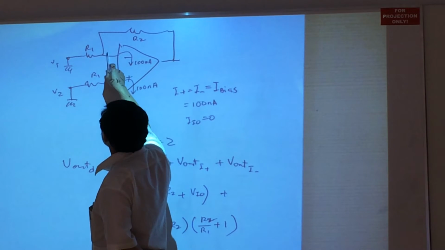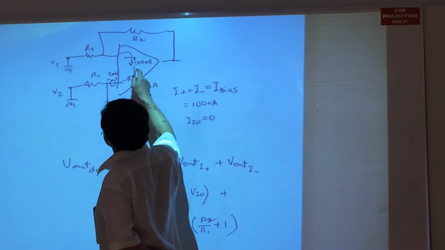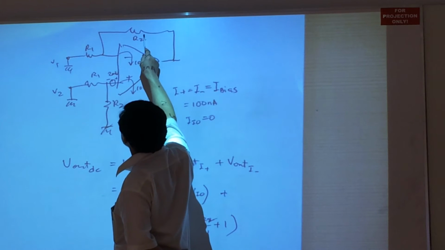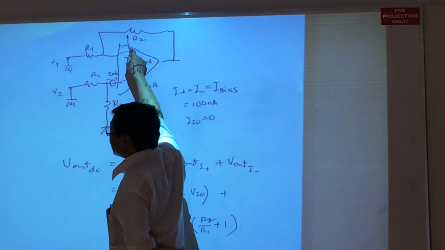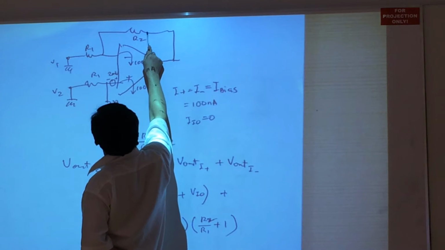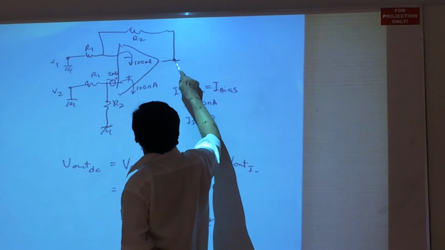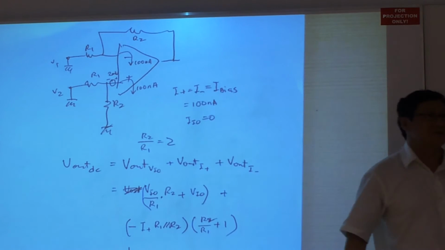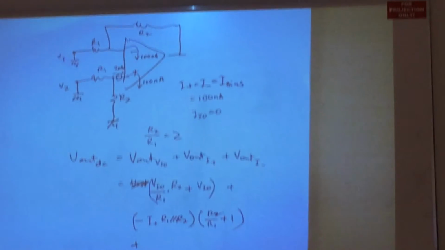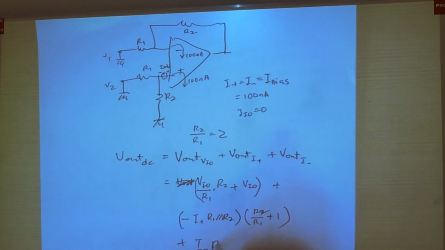This current has no choice but to flow through R2. As it flows from right to left, it incurs a voltage that is more positive here than here. But since the negative input goes to ground, the voltage at the right side of this resistor is virtually the voltage at the output. And therefore the voltage at the output due to I minus will be I minus times R2.